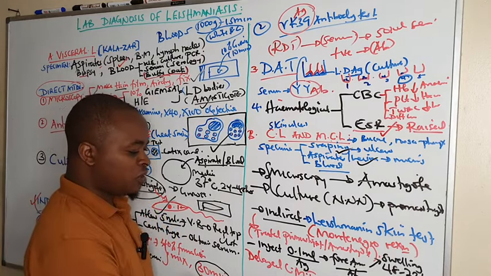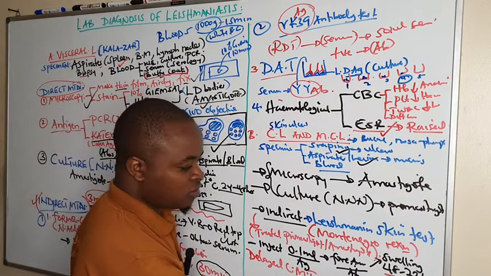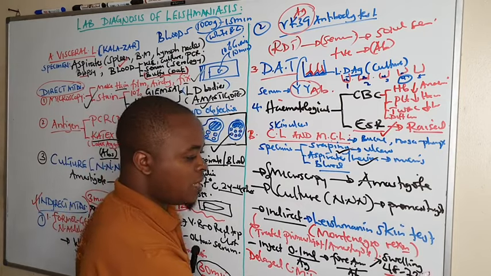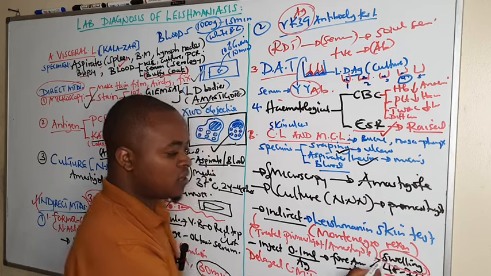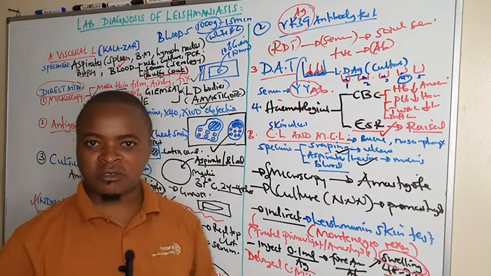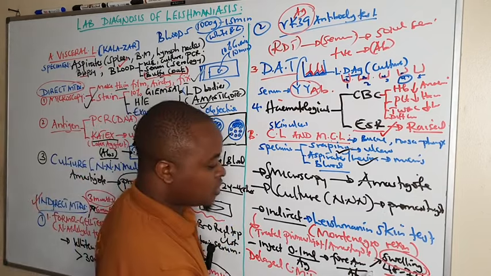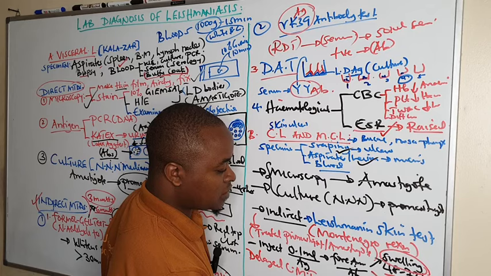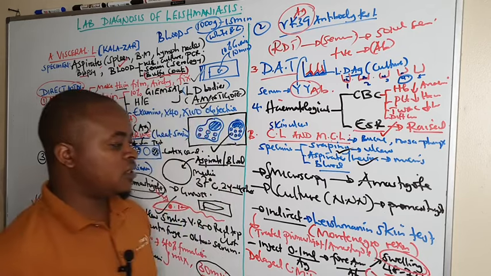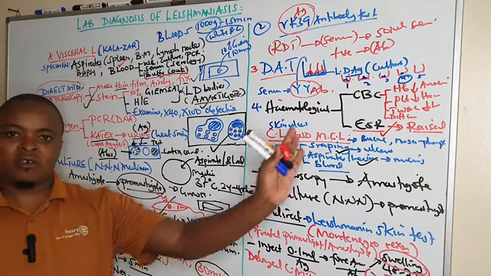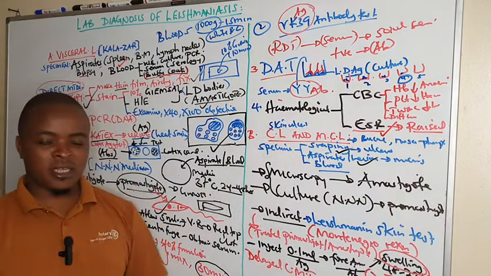So this reaction will be seen within 48 to 72 hours by the presence of a swelling at the site of injection. So when we measure the swelling and it is greater than 5 millimeters, that indicates a positive test for either cutaneous or mucocutaneous leishmaniasis.